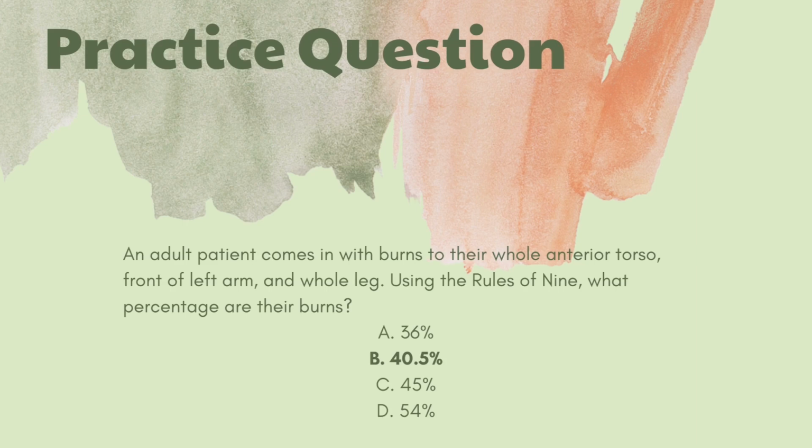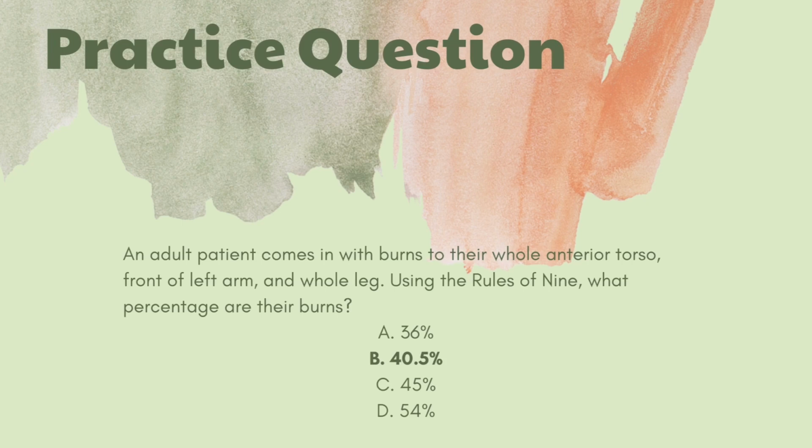An adult patient comes in with burns to their whole anterior torso, front of their left arm, and their whole leg. Using rules of 9, what are the percentages of their burns? So, first off, anterior torso. So, that's 18%. Plus the front of their left arm.